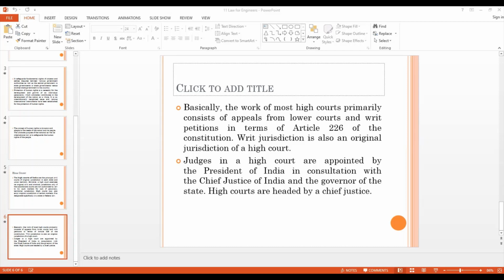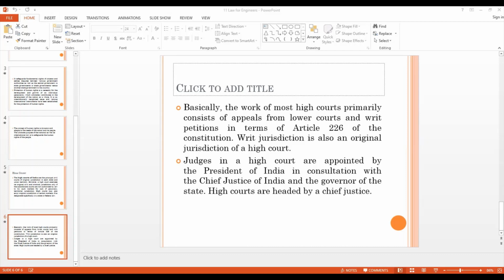And as you all know, the Punjab and Haryana High Court, called the Chandigarh High Court as well, has jurisdiction over Chandigarh UT, Haryana, and Punjab. So these were some high courts which have jurisdiction over more than one state and UT.